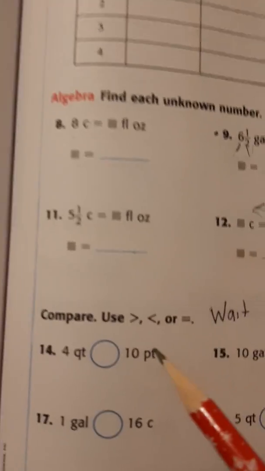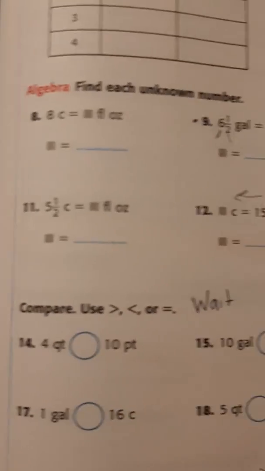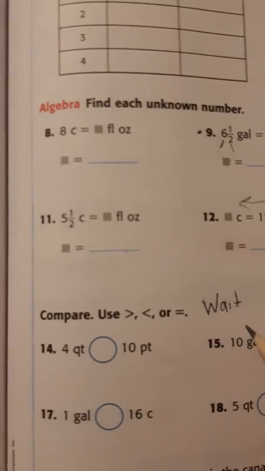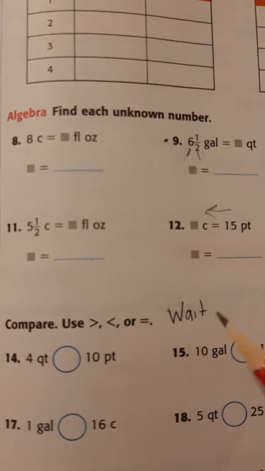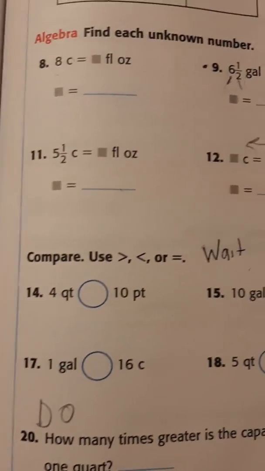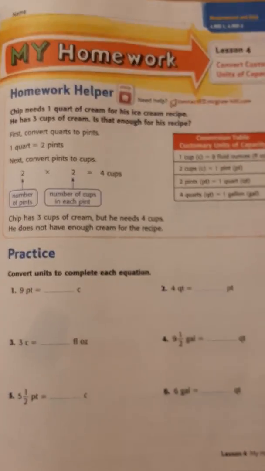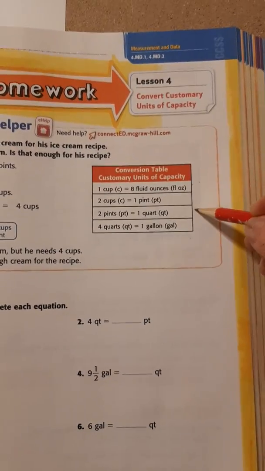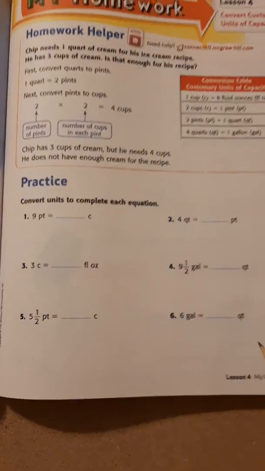Now, for number 14 through 19, I want you to wait. We'll do this tomorrow. And for 20 and 21, do this. Okay? Now we're going to turn the page, and you're going to do 719. Now up here they give you that little chart. Actually this one's a great chart. It's a pretty good chart. My chart's better. But then you're going to finish this page.